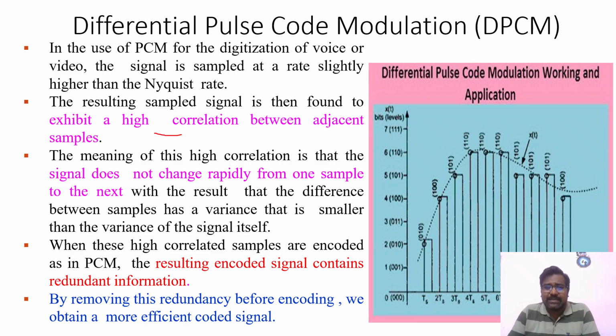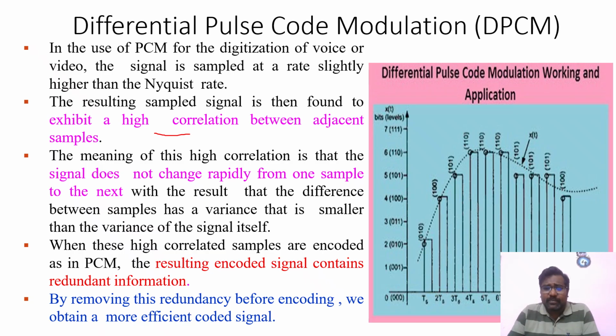The meaning of high correlation is that the signal does not change rapidly from one sample to another. That is, the difference between the samples has a variance that is smaller than the variance of the signal itself.